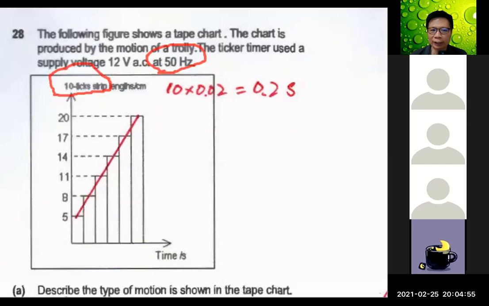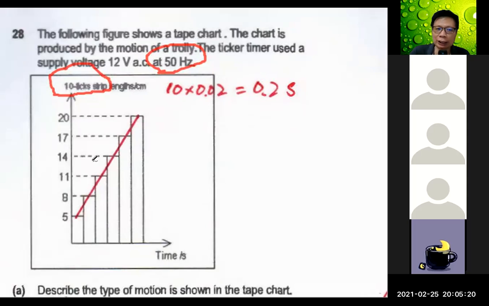When you see like this, what is the type of motion you want to give? The velocity increasing or not? Getting faster or not? Alia? No, I'm asking you the object moving, getting faster or not? Getting faster. It's getting faster, you see now. First time 5, then getting longer. Getting longer means getting faster.